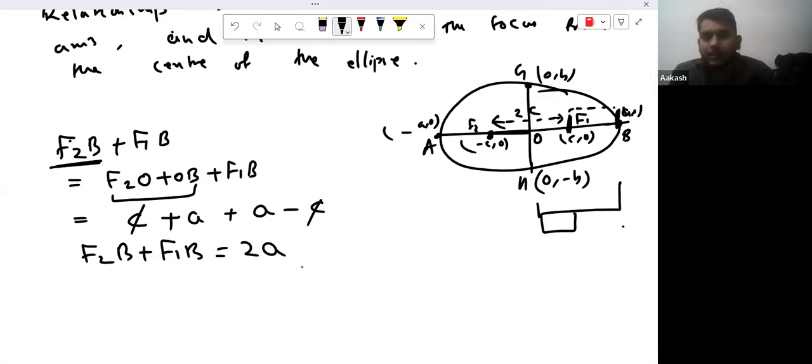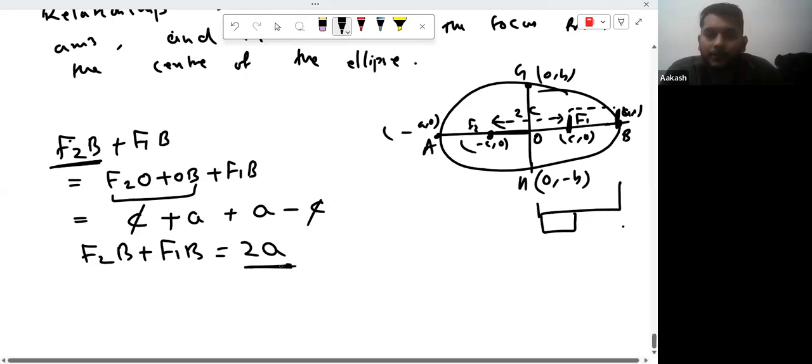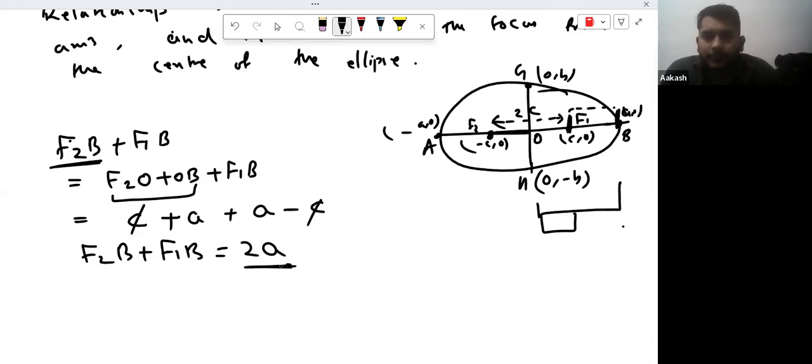Okay, now see this, because this is an ellipse, right? By definition, no matter what point I choose on this ellipse, the sum of the distances will always be 2a. Yes or no? If I take any point on the ellipse, the sum of the distances from the foci will always be 2a, right?